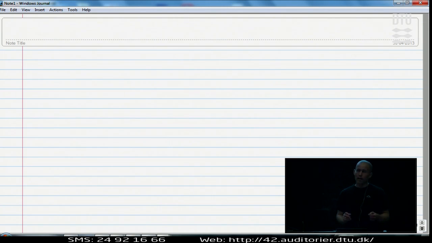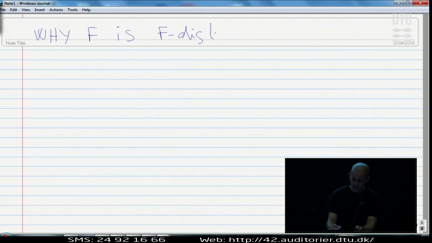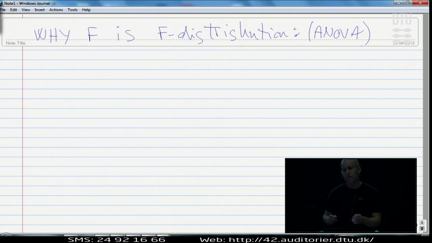Okay, I'm going to take you through just a little bit why, in analysis of variance, F is actually distributed like an F distribution. That is for the ANOVA type analysis of variance.